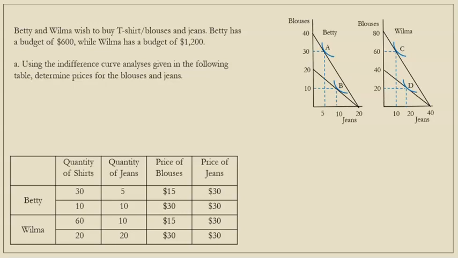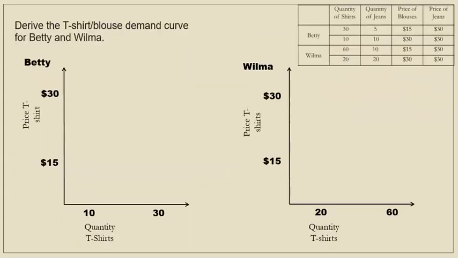So let's move on. We have all the data, so let's just remove those original graphs. And we need to derive the demand curve for those t-shirts. Forget about jeans. We're just looking at t-shirts right now. We are going to be doing a demand curve. So I went ahead and pre-filled in the prices. The only prices that we have for the t-shirts are $15 and $30 respectively.